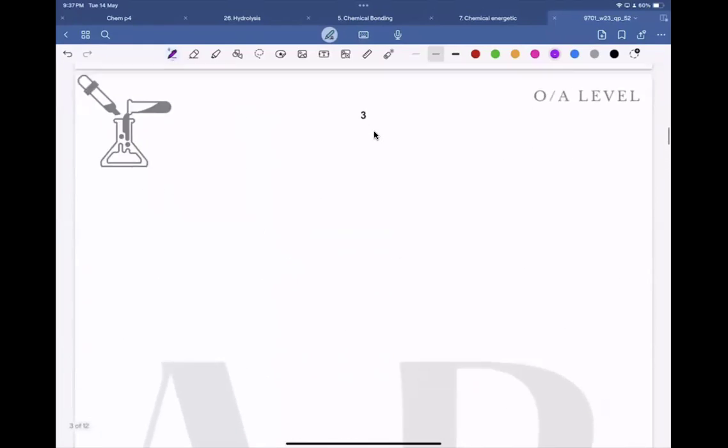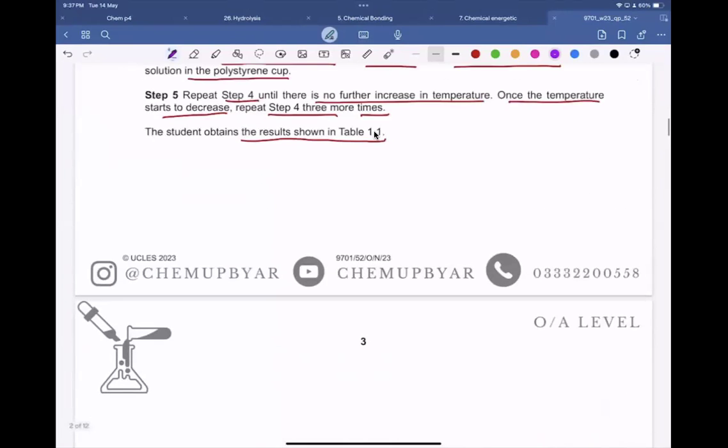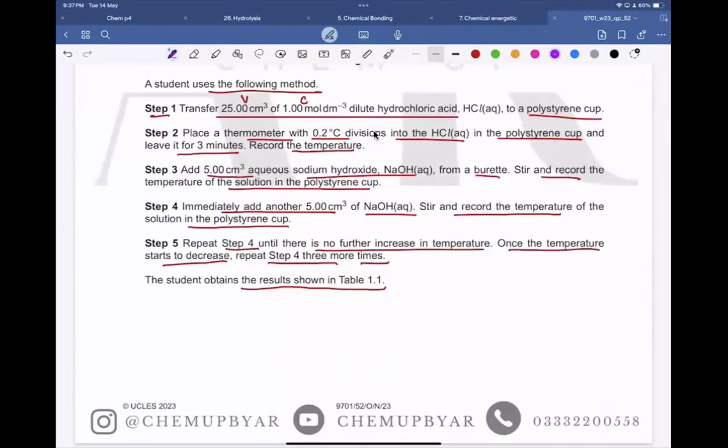So if we use the thermometer twice, the error must be twice. So if you see, its division is 0.2. So the least count of the thermometer is 0.2, divided by 2 gives me the uncertainty, sorry, it's not least count, it's uncertainty.